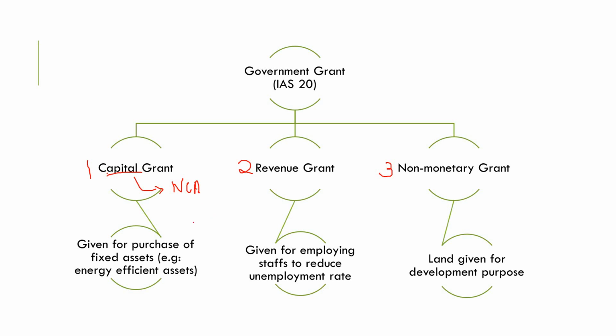For example, to produce something, they need to buy a special machine, and the government can provide them some kind of financial assistance by offering them government grant to buy that machine. But the purchase of the machine must be aligned with the government mission or vision.